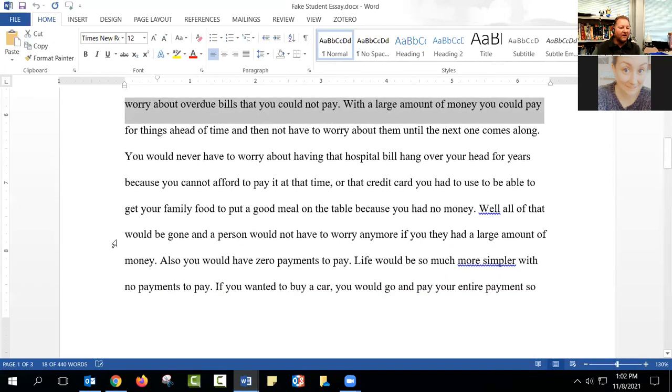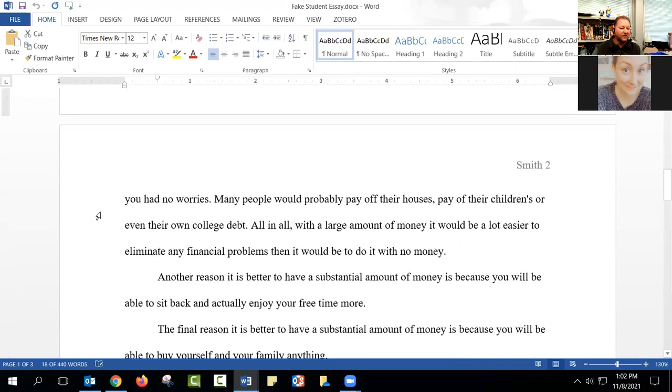Well, all of that would be gone, and a person would not have to worry anymore if they had a large amount of money. Also, you would have zero payments to pay. Life would be so much simpler with no payments to pay. If you wanted to buy a car, you would go and pay your entire payment, so you had no worries. Many people would probably pay off their houses, pay off their children's, or even their own college debt. All in all, with a large amount of money, it would be a lot easier to eliminate any financial problems than it would be to do it without money, right?